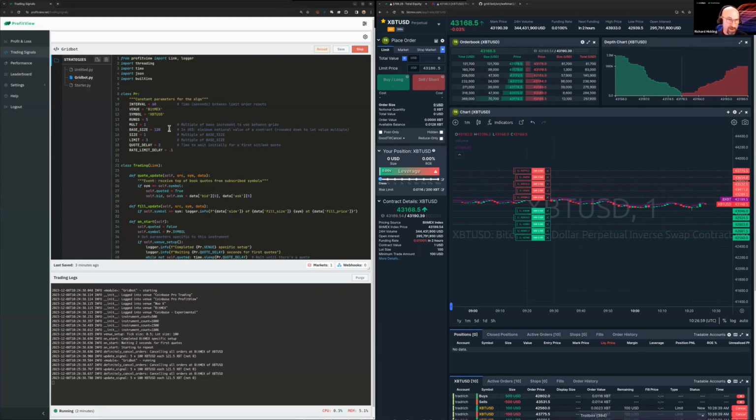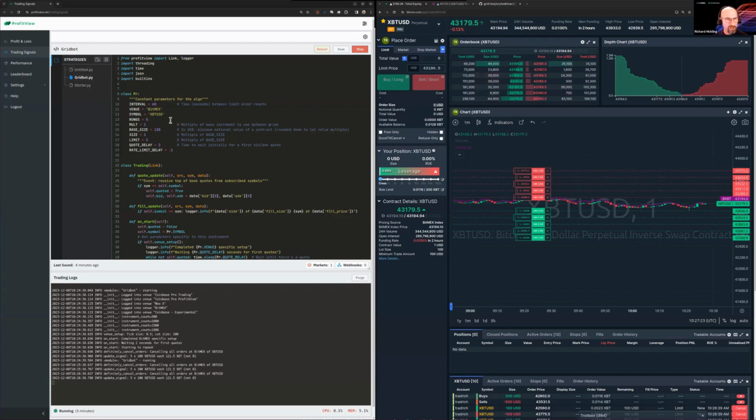Now, this parameter, the base size, that's in US dollars. So each time there is an entry of an order, it's of a notional of about 120 US dollars. The reason why we need this concept is because different coins have different lot sizes.